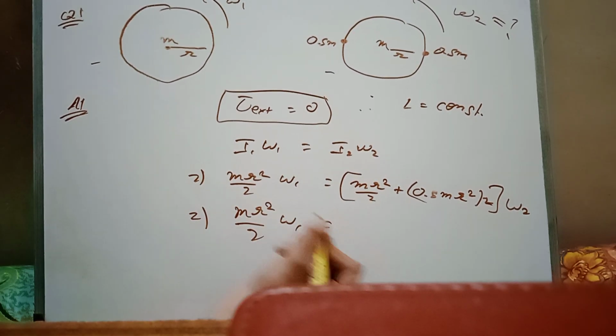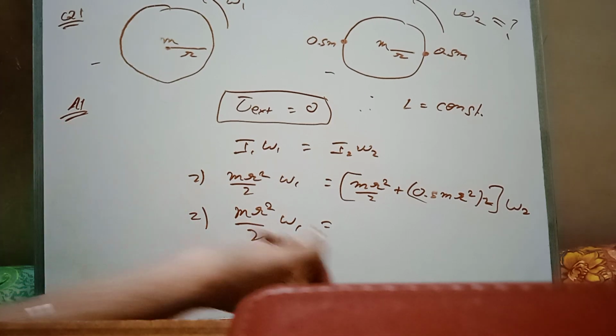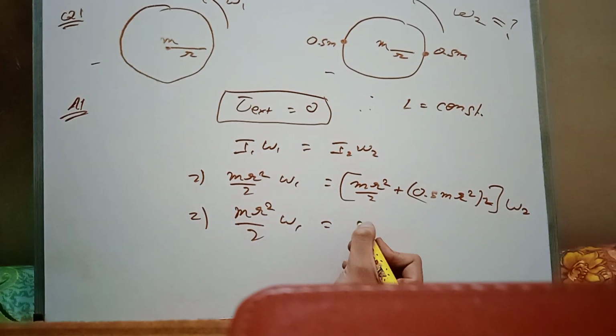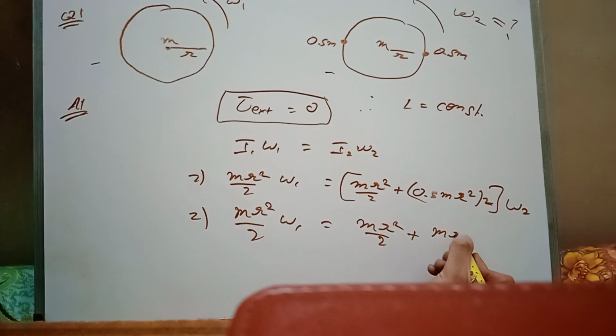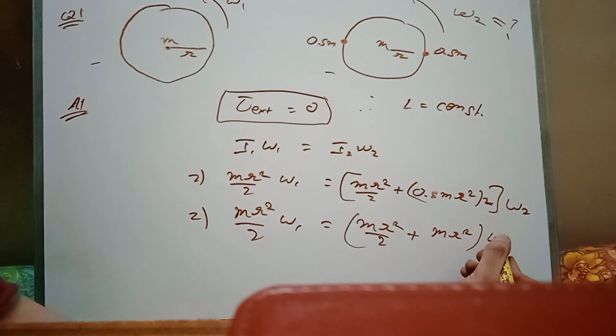Now we just have to simplify things. 0.5 into 2 is 1. So mr square by 2 plus mr square, whole, times omega 2.